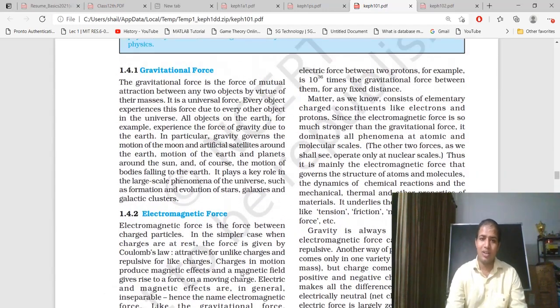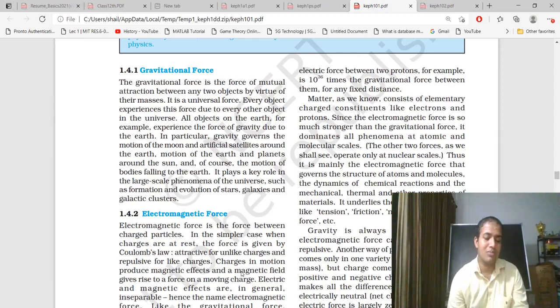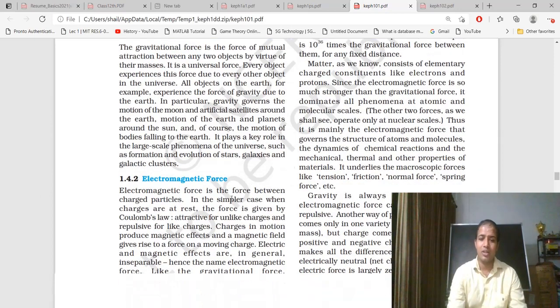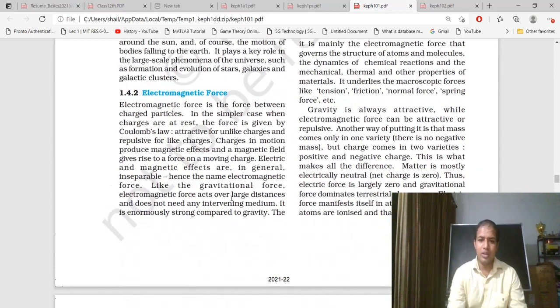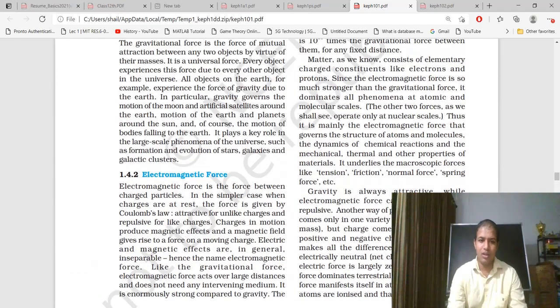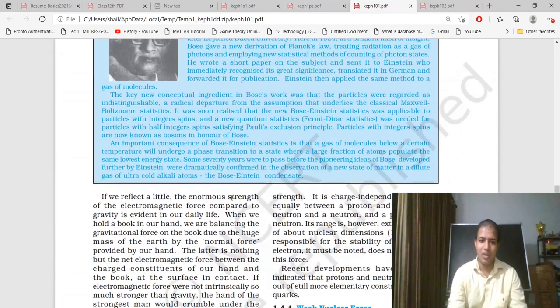Energy is a scalar, so you can add the energy of the many particles or many forces applied on that body. But force is a vector quantity, so its addition will be vector addition.